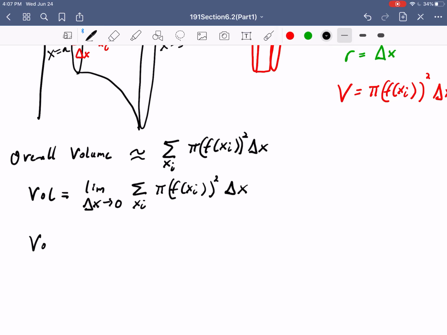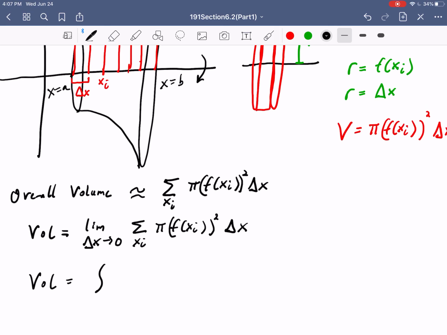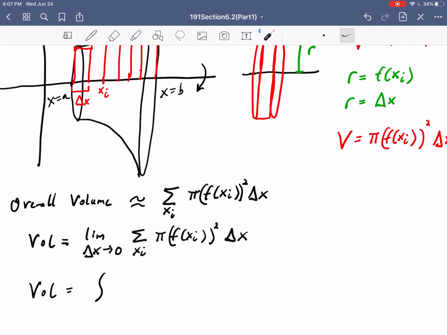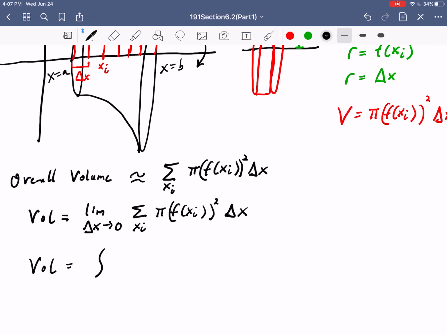So this tells us that the volume is the integral. Where are these x sub i's being selected from? Well, from x equals a all the way up to x equals b. So it's the integral from a to b, pi, and this is not f of x, it's f of x squared. So we get pi f of x squared.